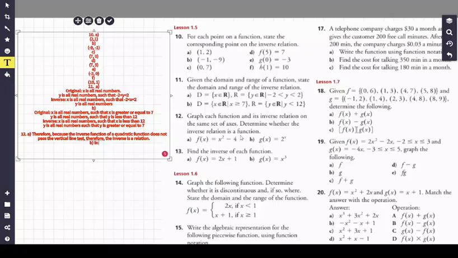So our inverse is a logarithmic function, and because it is a function, therefore the inverse of an exponential function is a function.